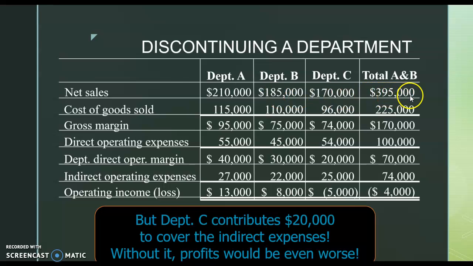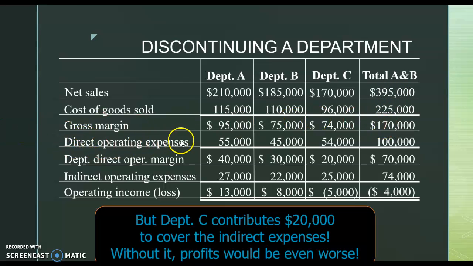Together that equals 395. And here's the cost of goods sold for A and B. That's 225. The gross margin or gross profit for A and B is 95 and 75. That's 170. Or, of course, you could have taken the 395 minus 225 and got 170.